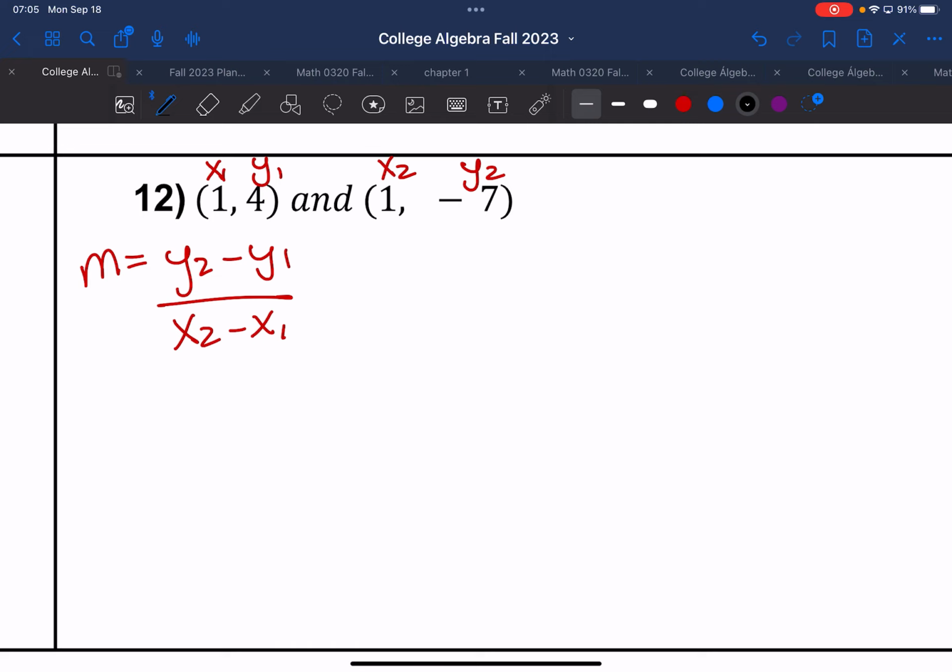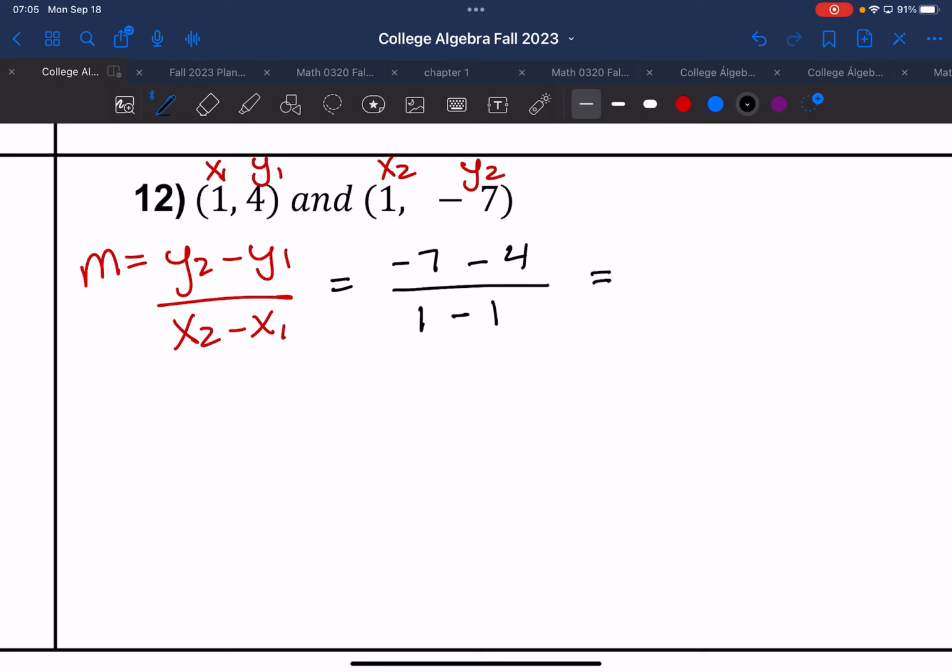Okay, do you want to get an answer? Undefined? Good. So you should have got -11 over 0, but we know anything divided by 0 is undefined. Plugging in these numbers, y2 is -7 minus y1, which is 4, over x2, which is 1, minus x1, which is also 1.